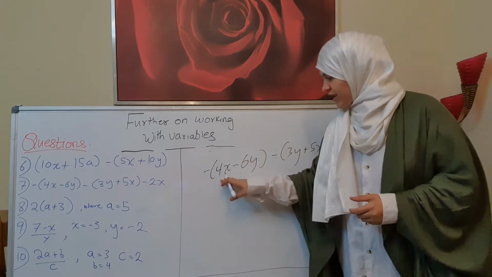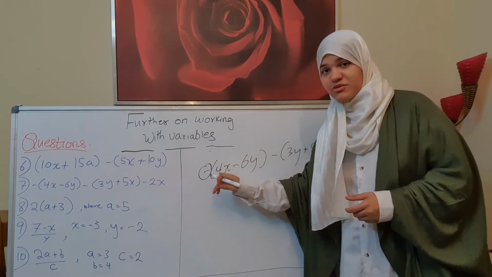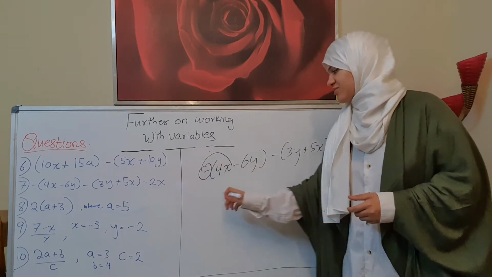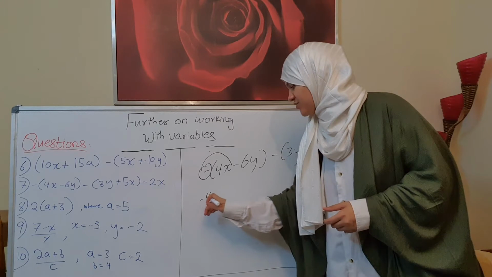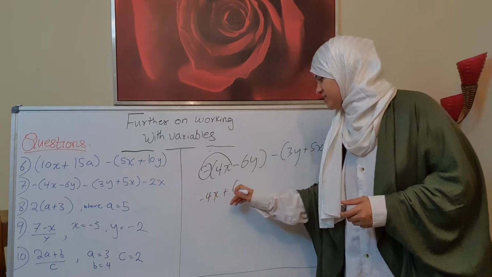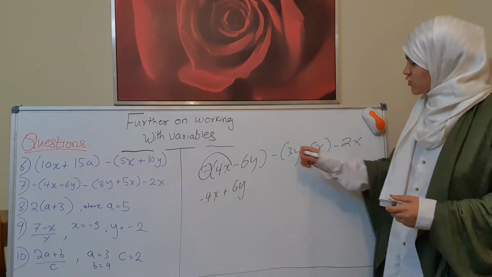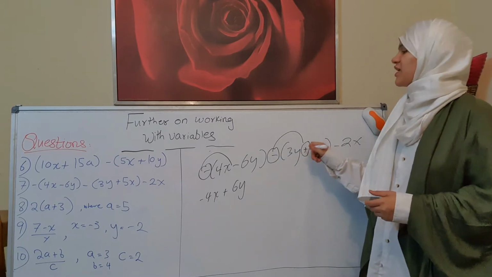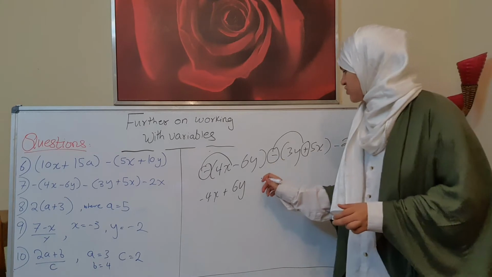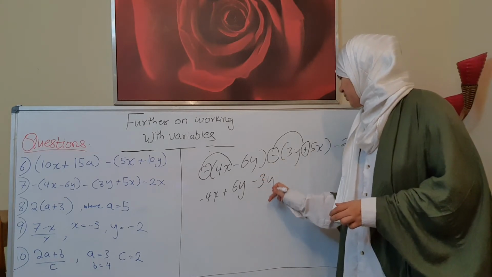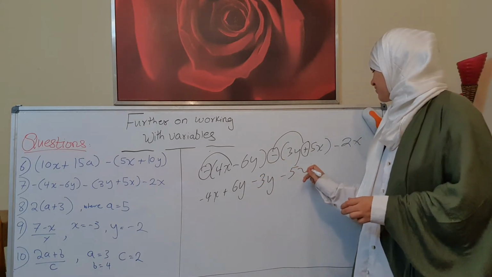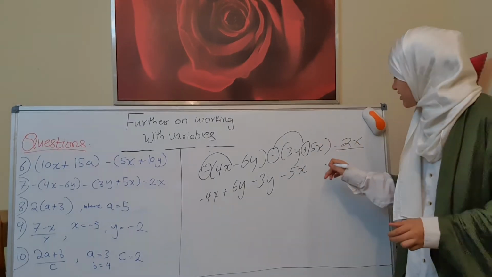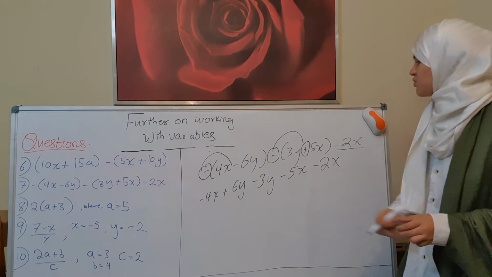Now, negative 4x, what we have here outside the bracket, we have negative. So that means negative times negative, positive. Now, negative 4x plus 6y. And what we have here outside the bracket also negative. So that means negative times positive, it will be negative. So that means negative 3y, negative 5x, and the number which is outside the bracket is negative 2x.